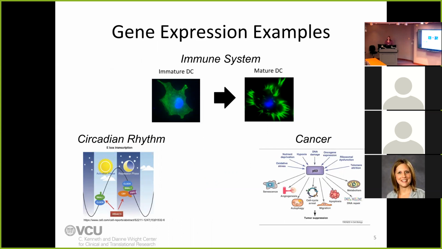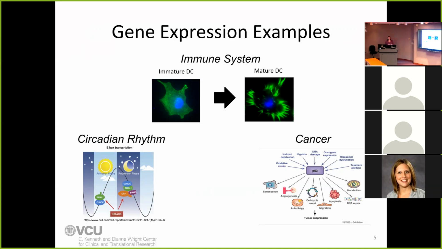When they find one, that signals a whole signaling cascade and results in massive gene expression changes throughout the cell, causing the dendritic cell to go through physiological changes into a mature dendritic cell, which looks different and also behaves differently. Also in cancer, the gene P53 is a tumor suppressor gene. When this gene is perturbed, it causes a lot of downstream gene expression changes in multiple systems, including the cell cycle and cell death, which can result in cancer.